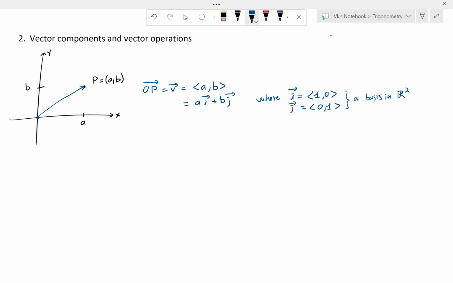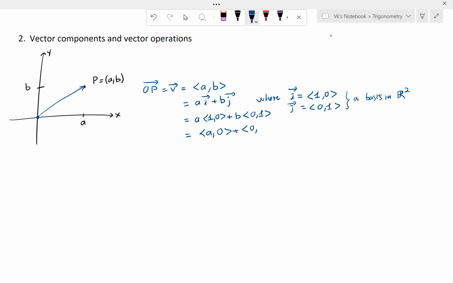Well, they are the same. Let's take a look. A times vector I is (A, 0). B times vector J is (0, B). In order to show that they are the same, we just have to distribute A. A times 1 is A, A times 0 is 0.